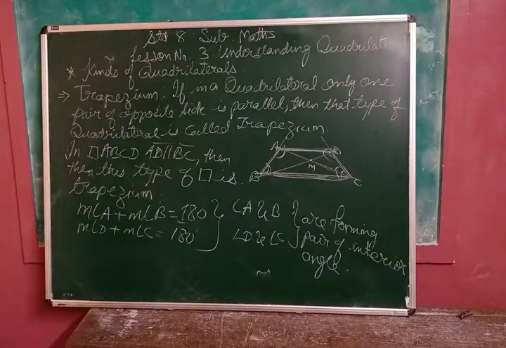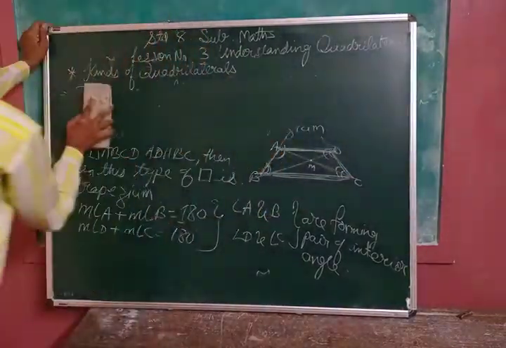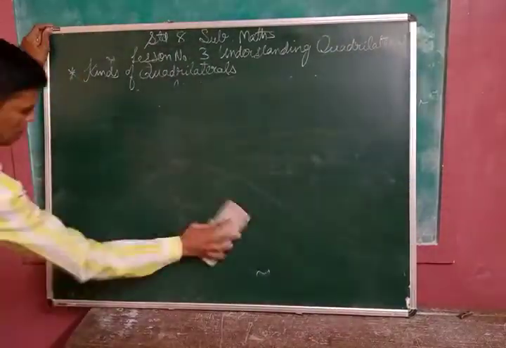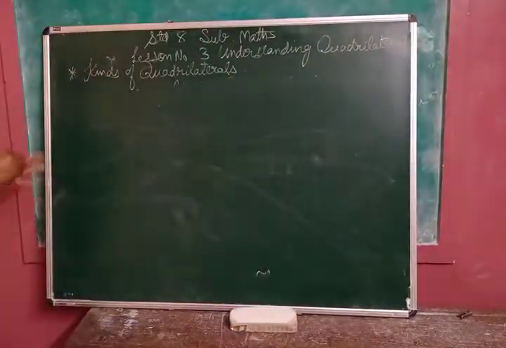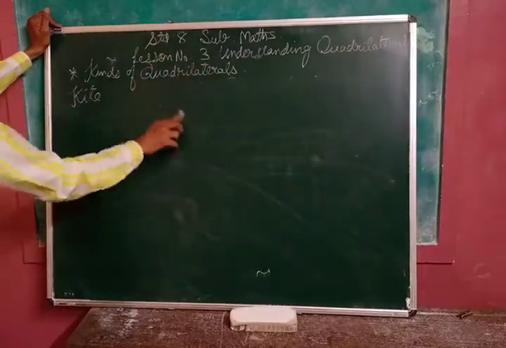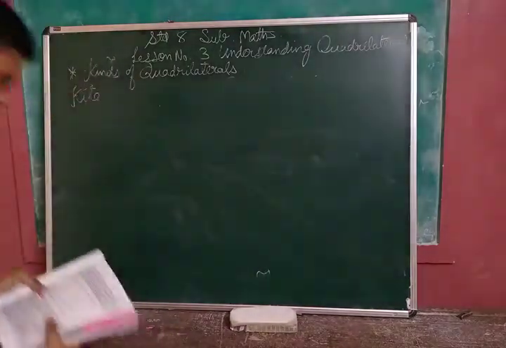Now next is kite. Next quadrilateral is kite. Okay, what is the property of kite?